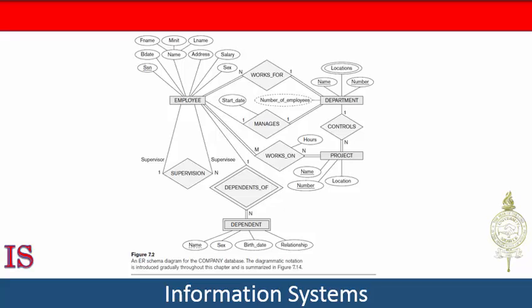To change this to read from top to bottom, we could rename the relationship type to has dependents, which would then read as follows: employee entity, top entity, has dependents, relationship name, of type dependent, bottom entity type. Notice that this issue arises because each binary relationship can be described starting from either of the two participating entities, as we've already discussed.